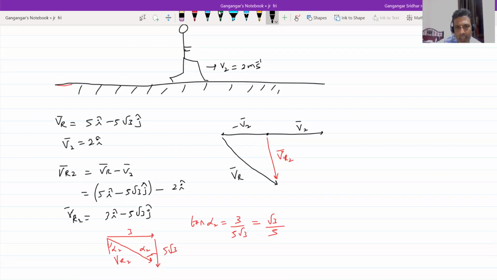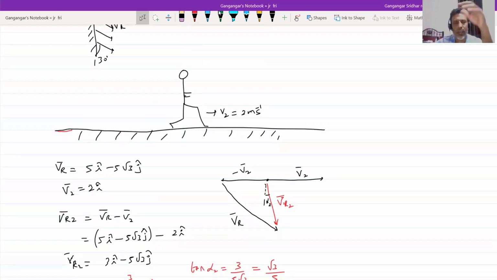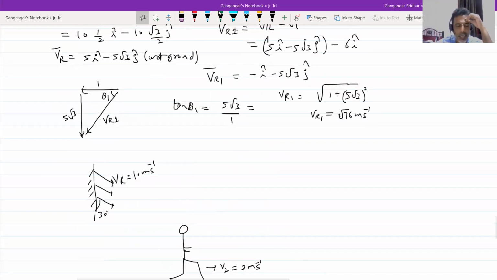Alpha will come here in this direction. Take help of unit vectors and get that alpha 2. So how does the rain come now? He has to hold the umbrella in such a way that the rain will come in this direction.